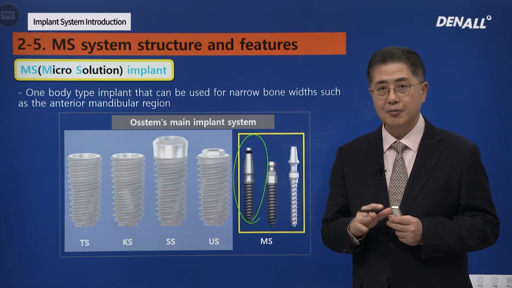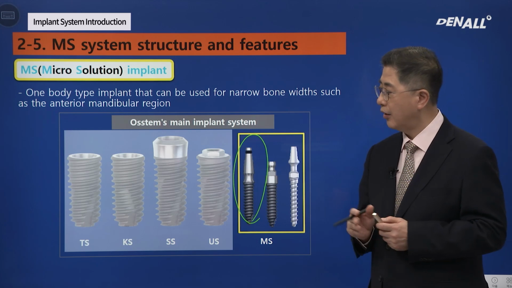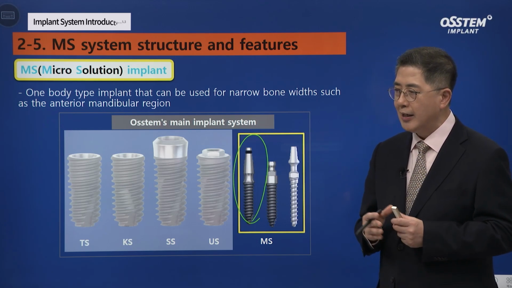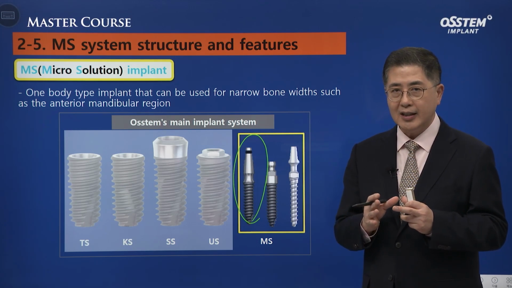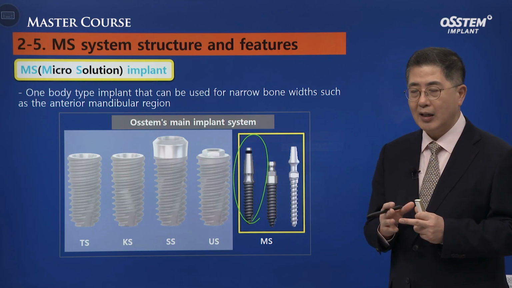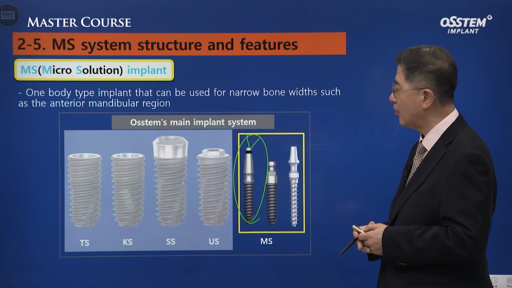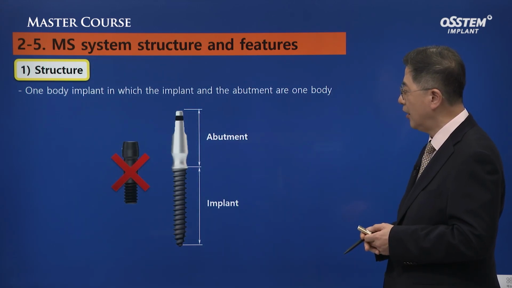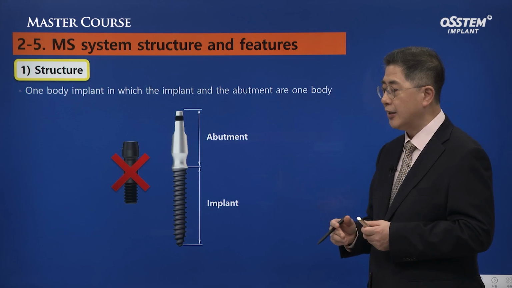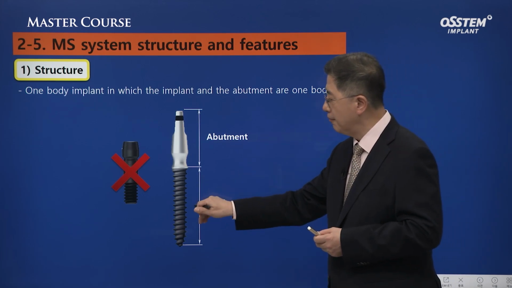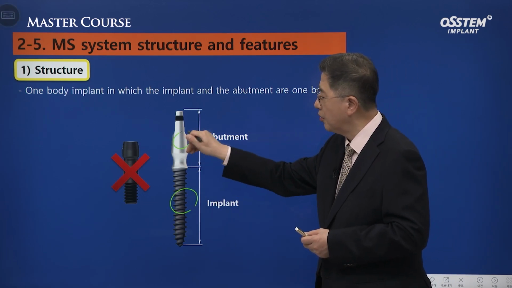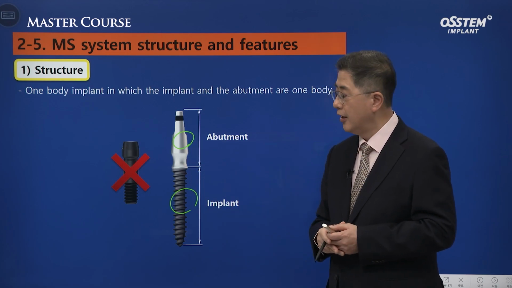Personally, I like to use the MS implant in the lower anterior area. If you master the basic technique, you can get great clinical results. So for the lower anterior, I strongly recommend the MS implant. There's no abutment screw, and as shown, this is a one-body implant.